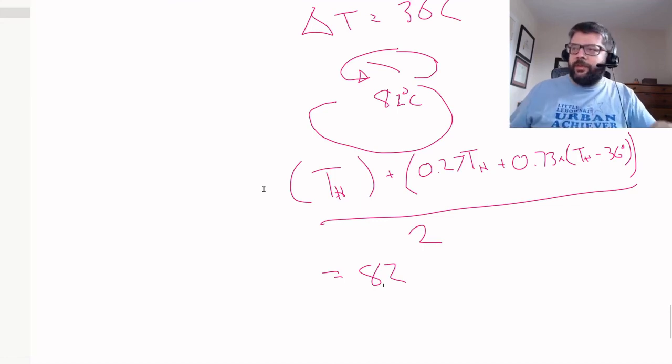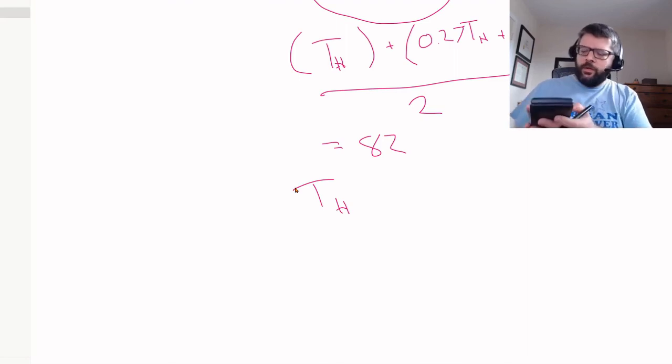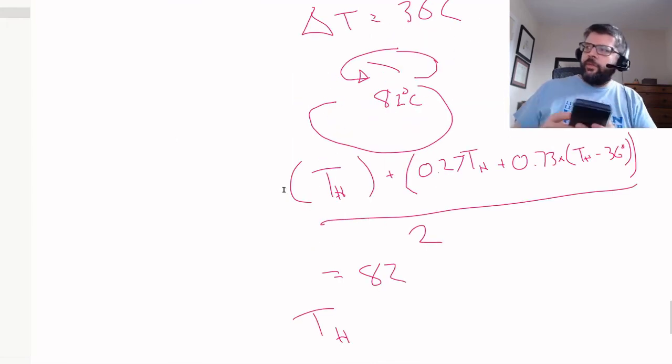So we get TH, and then the non-TH term is 0.73 times negative 36, divided by 2.